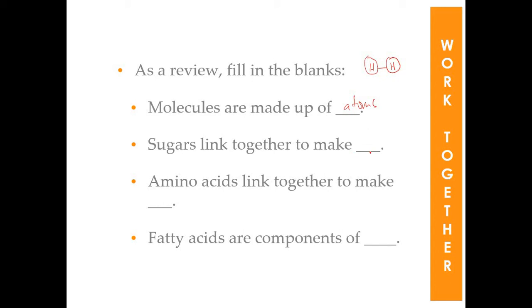Sugars linked together make a disaccharide or polysaccharide. Amino acids linked together make proteins. Remember, amino acids are the building blocks of proteins. And fatty acids are the components of lipids.